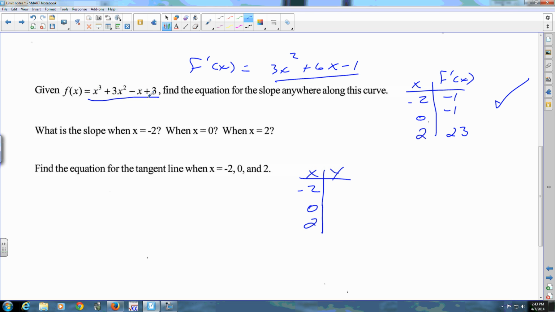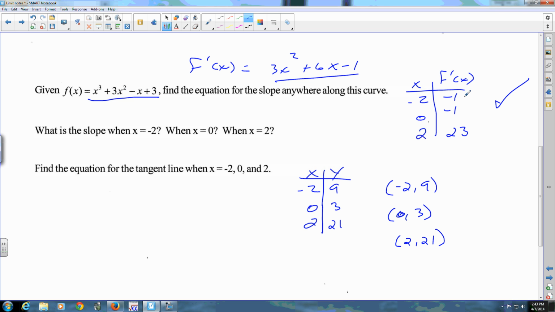You could type in the original equation, x cubed plus 3x squared minus x plus 3, and then go to your table and ask it, what's the value at negative 2? The values at negative 2, 0, and 2 are going to be 9, 3, and 21. So those are the coordinates: negative 2, 9; 0, 3; and 2, 21.